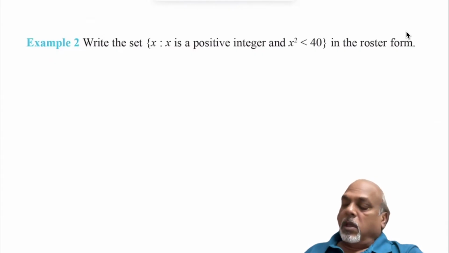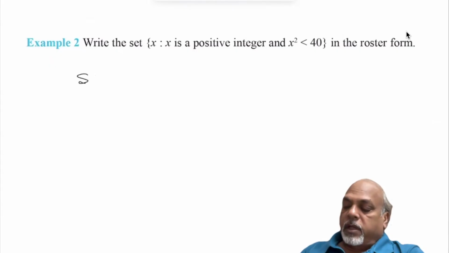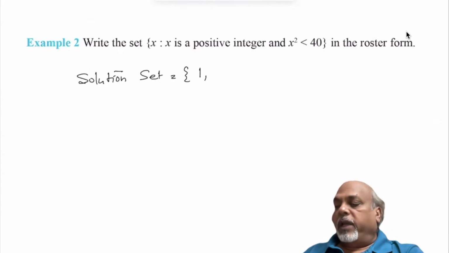So the solution set: 1, because the square of 1 is less than 40. 2, because the square of 2 is less than 40.